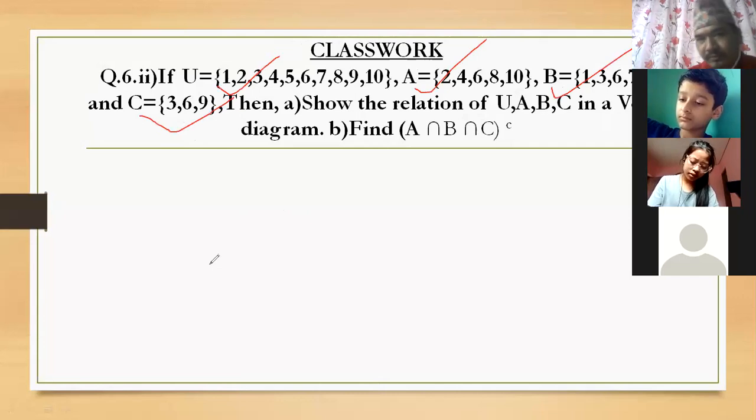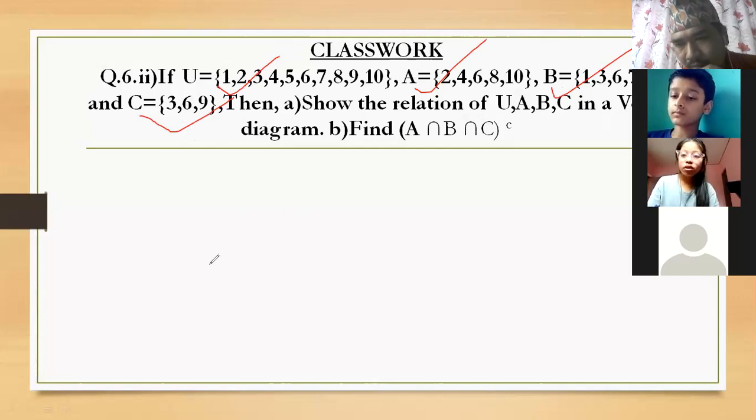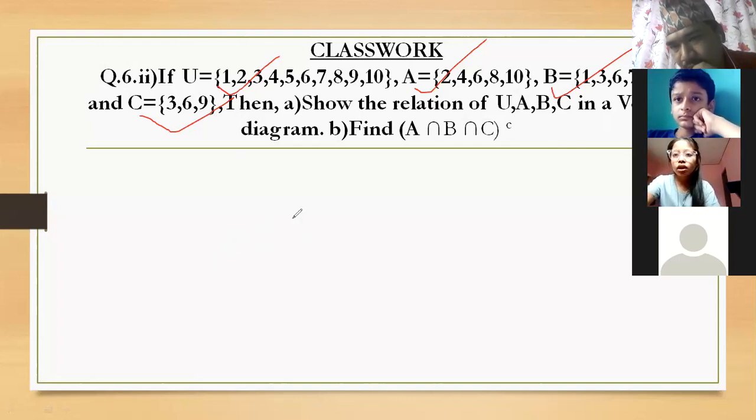Okay. Aditya, are you writing? Yes, sir. Okay. When you face the difficulty, ask me. I will show here only. Its solution I will show you how to do.